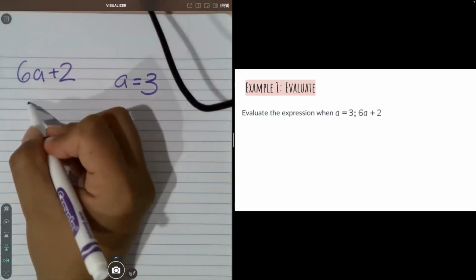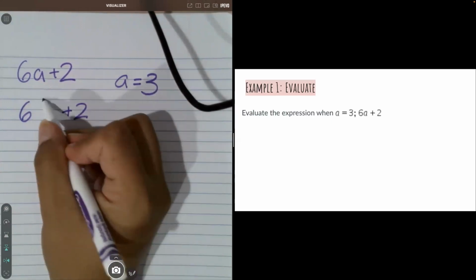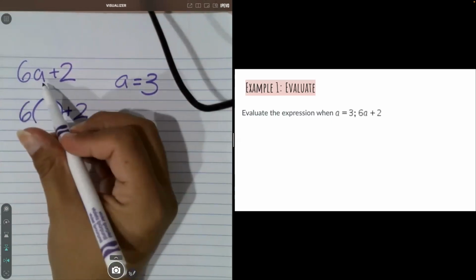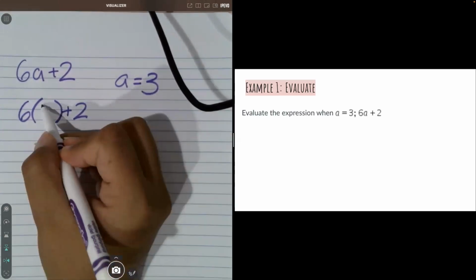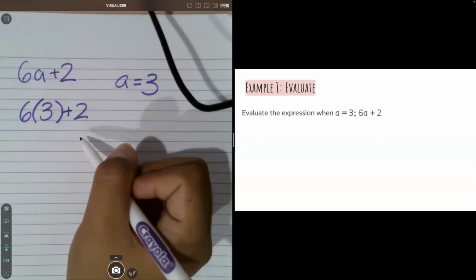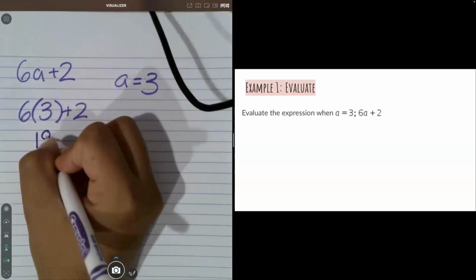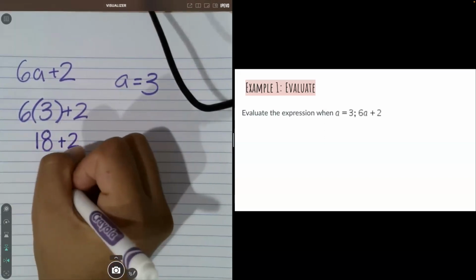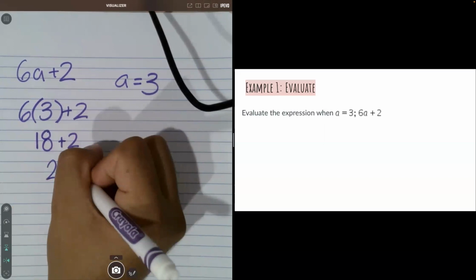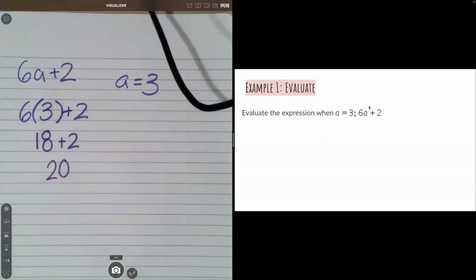So now I'm going to take everything that's not my variable, rewrite it, and in parentheses, I'm going to replace my variable with whatever it's equal to. Here it's 3. Now that I've substituted, I can evaluate using order of operations. So 6 times 3, that's 18, plus 2, I add 2 to 18 to get 20. So that's evaluating when a is equal to 3 for the expression 6a plus 2.